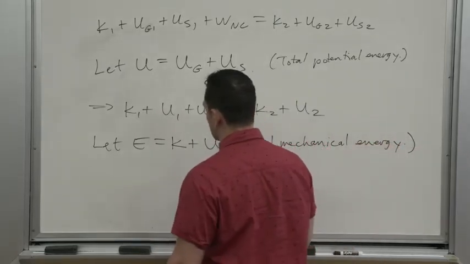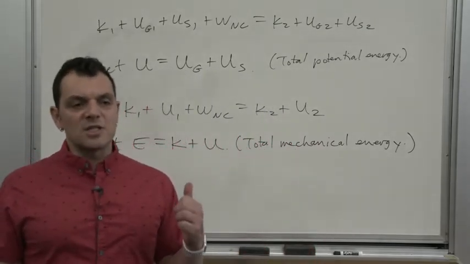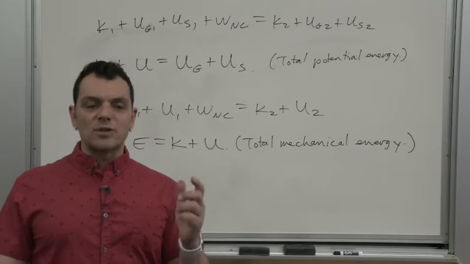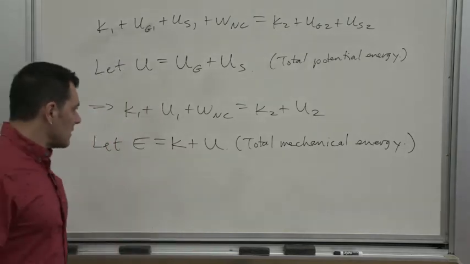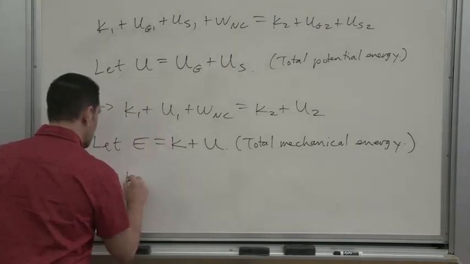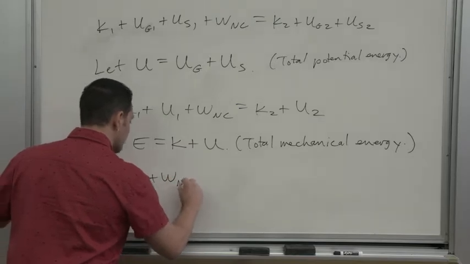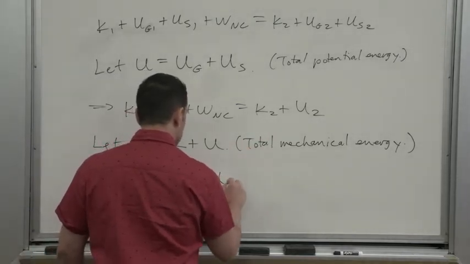The total mechanical energy of the object is equal to its kinetic energy plus its spring potential energy plus its gravitational potential energy. So what does that then become? Well, now K1 plus U1 can be simplified as E1 plus work non-conservative is equal to E2.